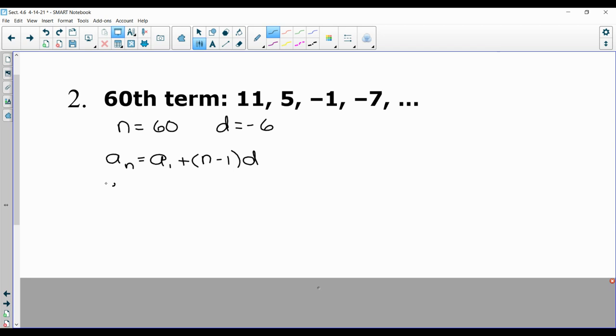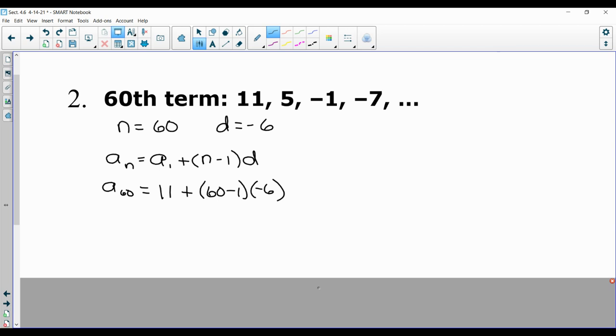And so we say A sub 60 equals A sub 1. What's my first term? It's an 11. Plus 60 minus 1. Put your D in parentheses so it doesn't look like you're subtracting it, because you could just go through there and accidentally subtract it in your calculator.